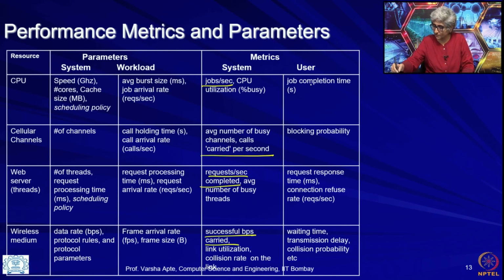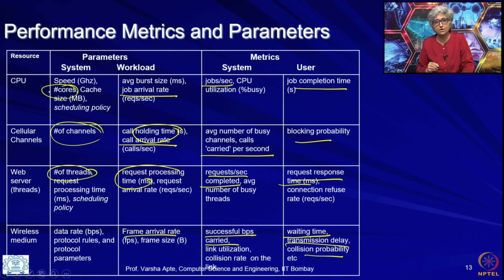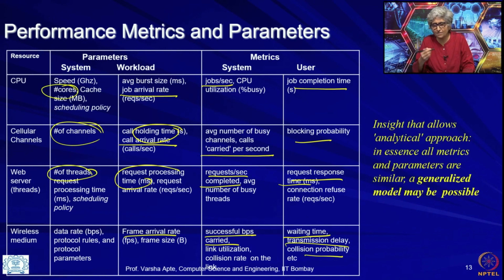In terms of user metrics, I have job completion time, I have request response time, I have waiting time, transmission delay. Here I have some collision probability, here I have blocking probability. In terms of parameters, I have job arrival rate, call arrival rate, I have holding time, I have processing time, I have this arrival rate as the same as this arrival rate. This number of threads corresponds to this number of channels, corresponds to this number of cores. So, there is something similar here, right. It is not that every system is different.